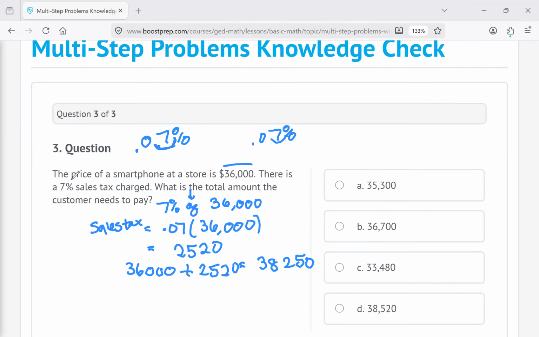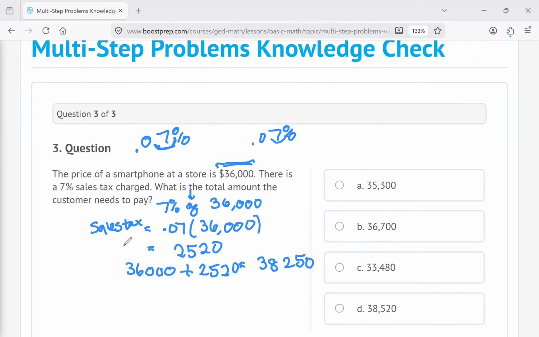You would find your sales tax by finding 7% of whatever your smartphone costs, 36,000. Wow, that is a lot of money. What kind of phone is that? Okay. And then you just add it to the original cost of the smartphone.